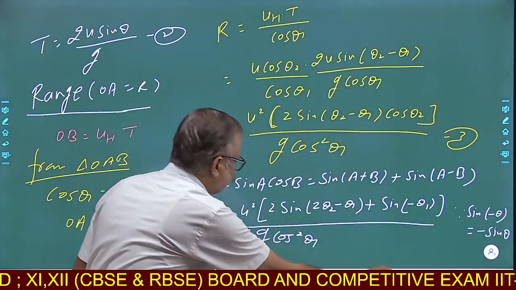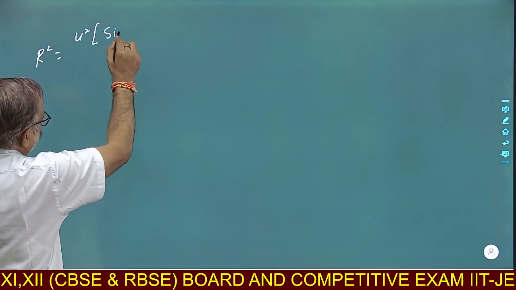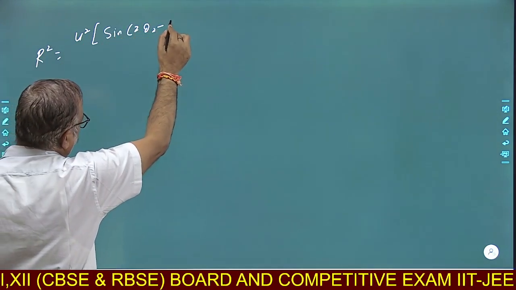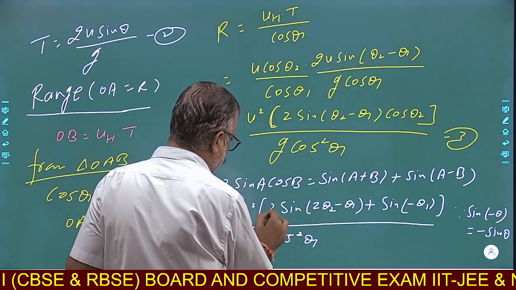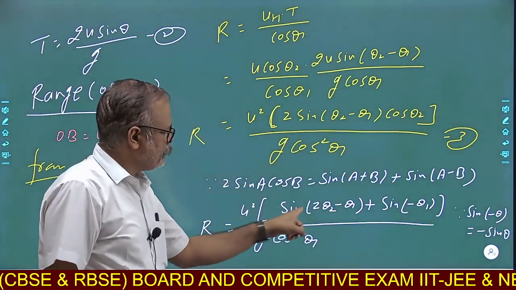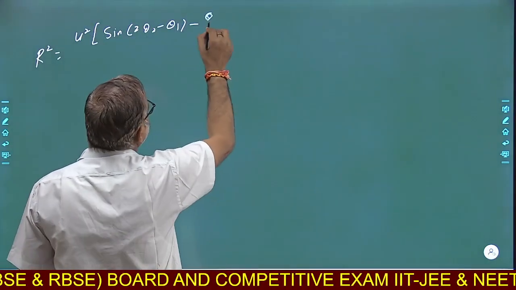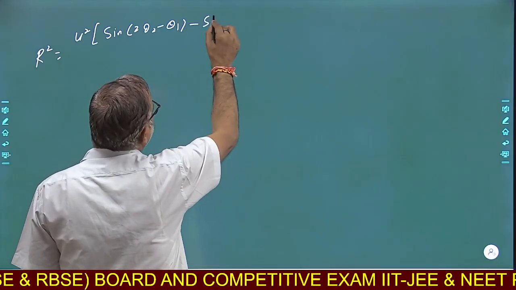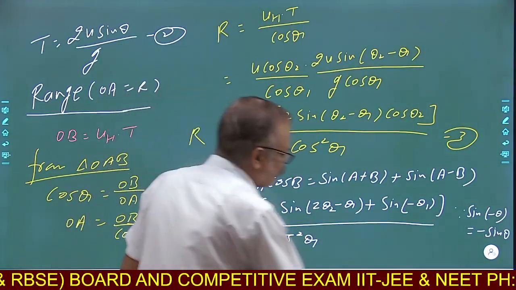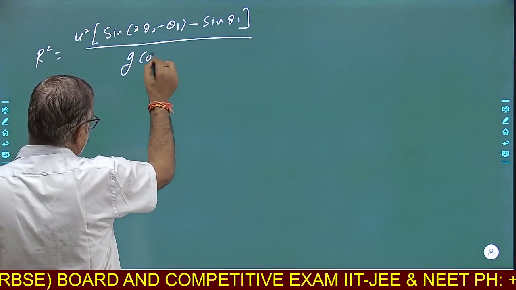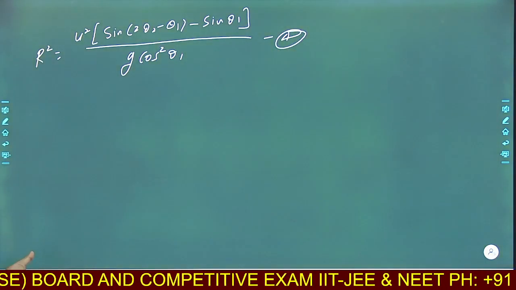So R is equal to U square, sin of 2 theta 2 minus theta 1 minus sin theta 1, upon G cos square theta 1. Equation number 4. That's clear.